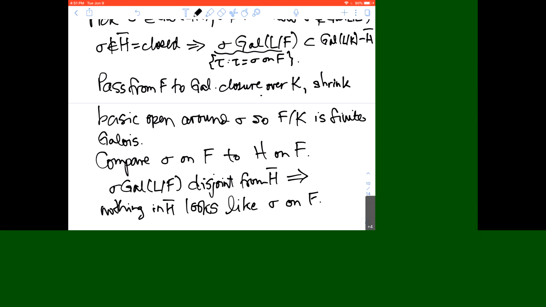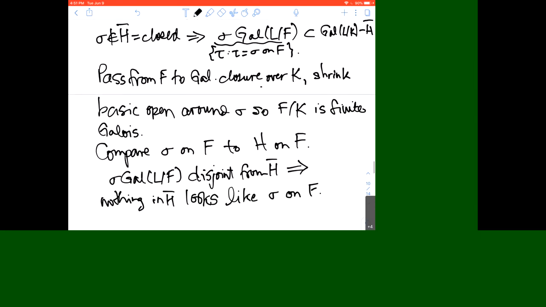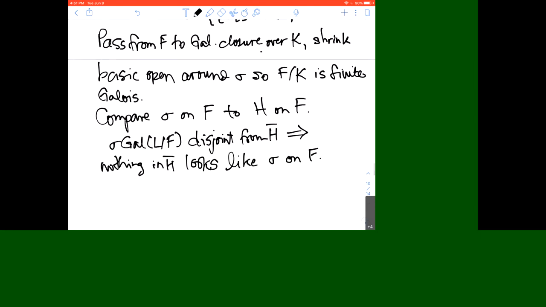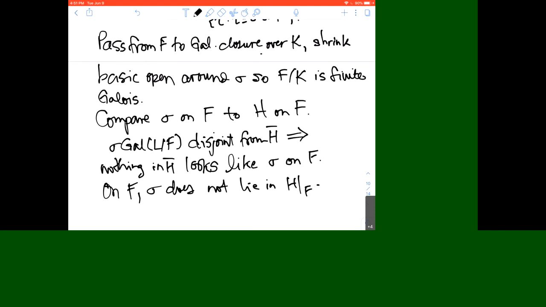You can fill in your Tolstoy joke there if you want to. Okay, so then if you pass to H instead, H and sigma look different. So the bottom line is on F, sigma does not lie in the restriction of H to F. If you look at how the elements of H behave on F, sigma can't look like any of that, because of the very meaning of that coset being disjoint from H bar.